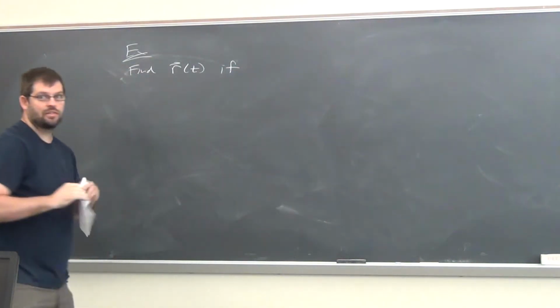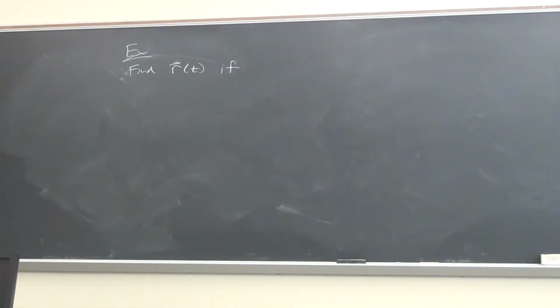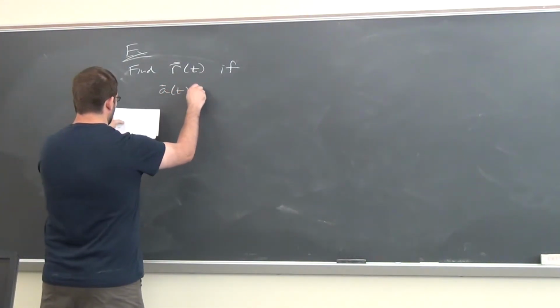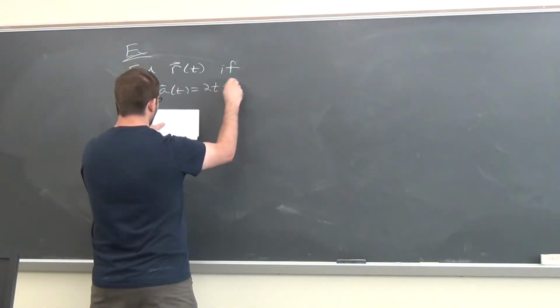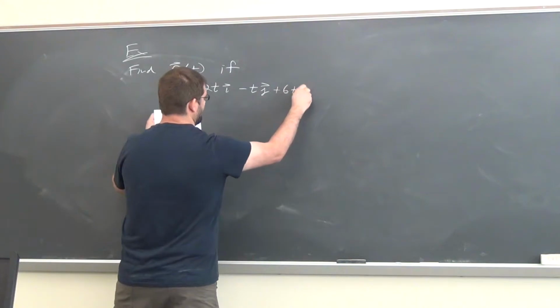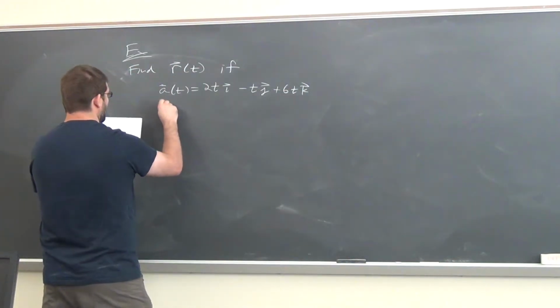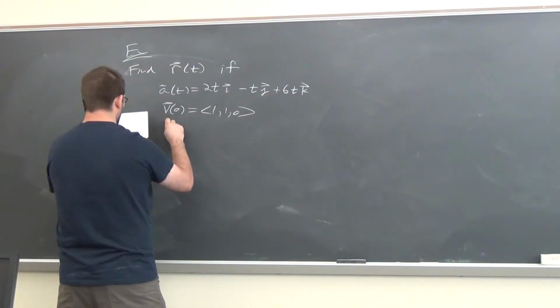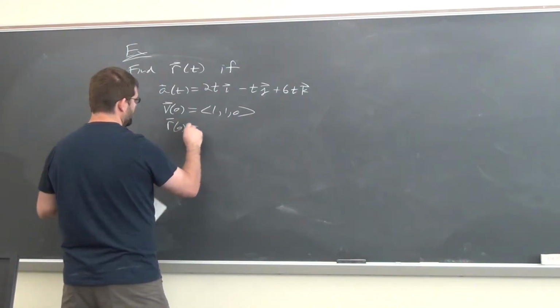Okay, so this will look like the problems you saw back in Calc 1. Find position if you knew acceleration, and so acceleration as a function this time. You also know the initial velocity, and you know the initial position.